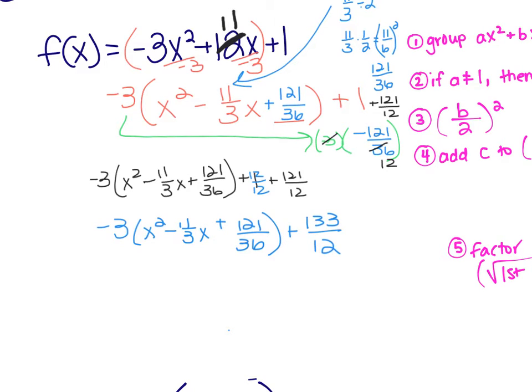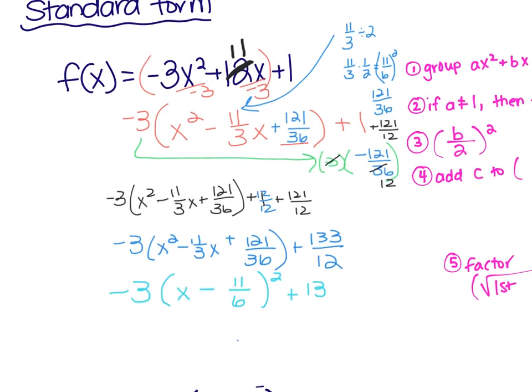To do that, I would leave the -3 in the front. I would square root the first term inside the parentheses, which is going to be x. Square root the last term, which is 11/6. Take the sign from the middle, which is a negative, put it in parentheses and square it.